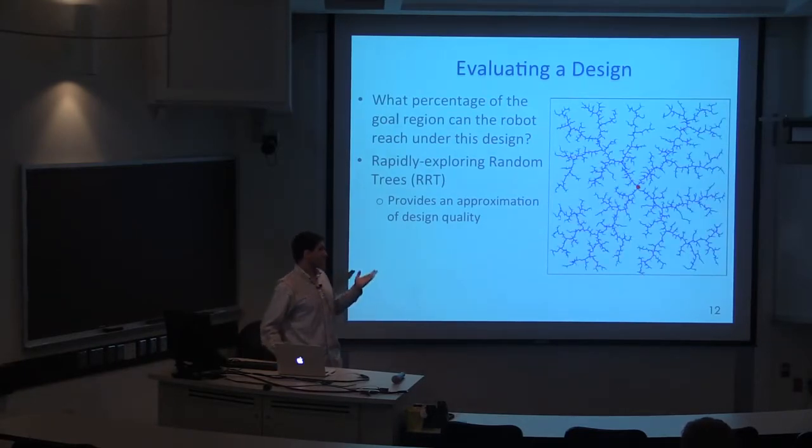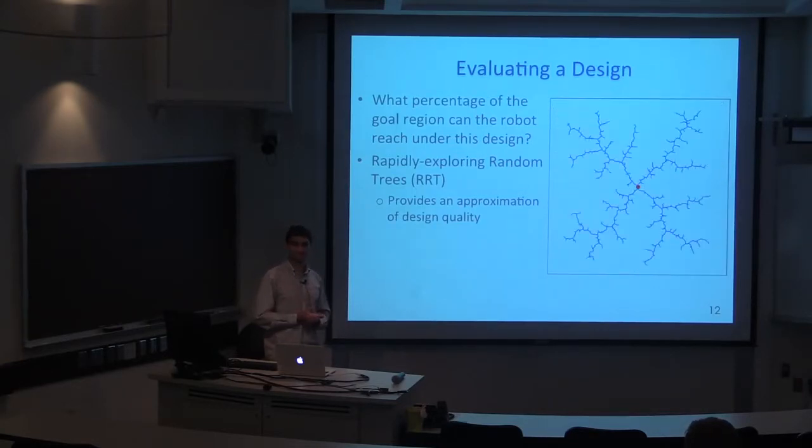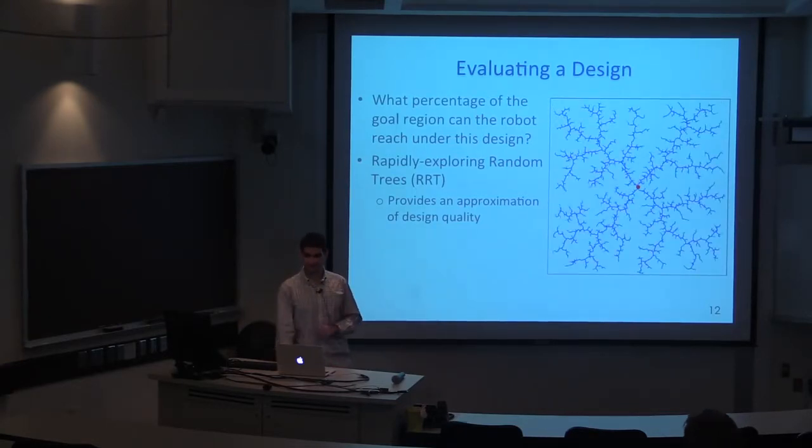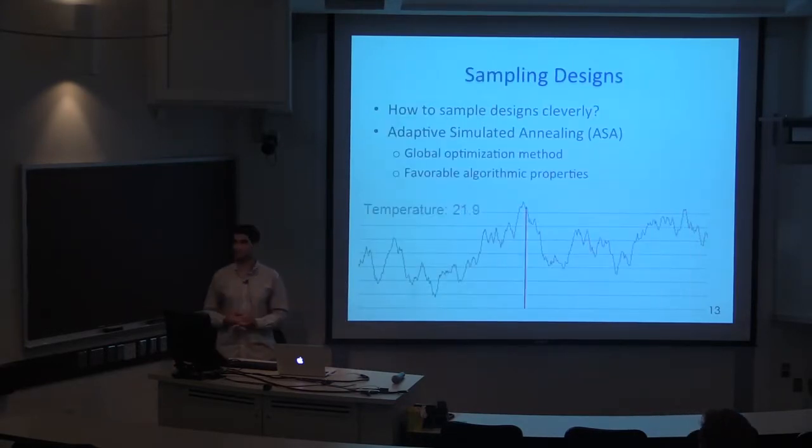So since evaluating a design is so computationally intensive, we want to cleverly sample designs rather than just sampling random ones. And for cleverly sampling designs, we use the global optimization algorithm called adaptive simulated annealing. And in this animation, you can see the ASA algorithm in action.